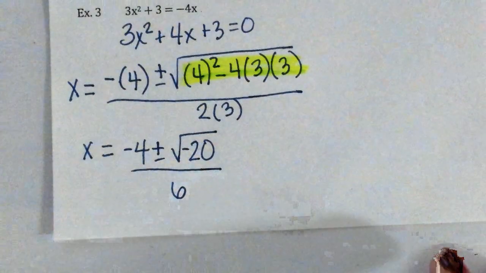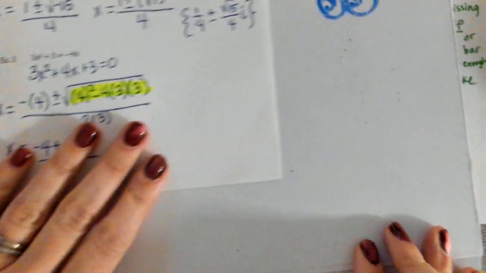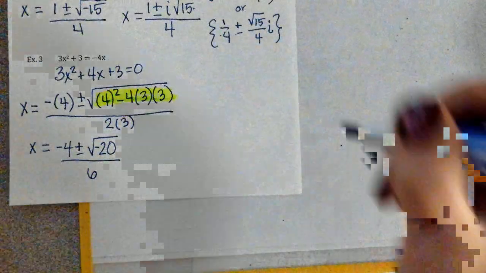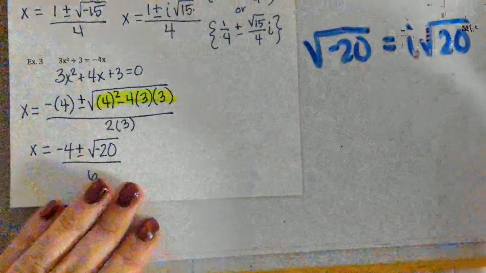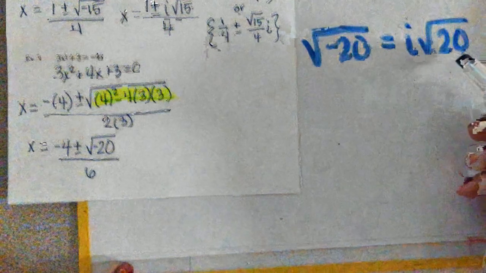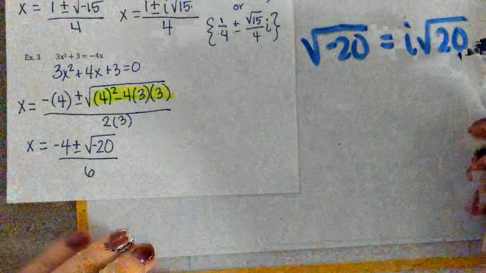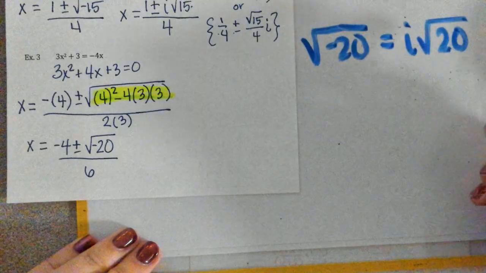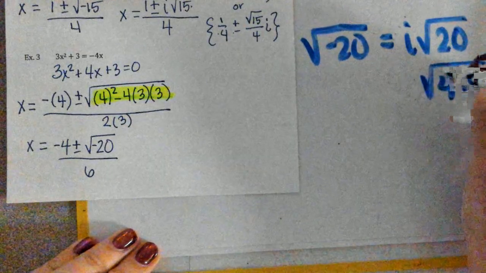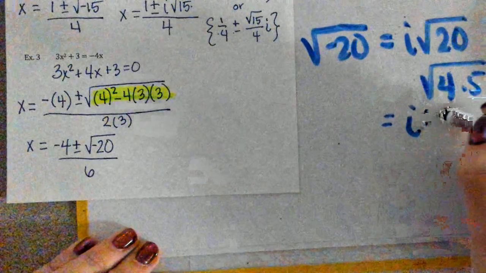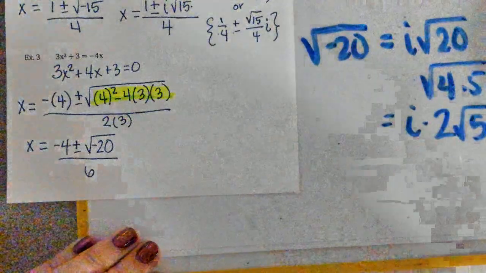Okay, so let me go off to the side here and figure out the square root of negative 20. Well, the i comes out front, right? So I know I have i times the square root of 20, but the square root of 20 can be broken up. If you think of it as under the square root, 4 times 5, the square root of 4 is 2, so it's i times 2 square root 5, right?